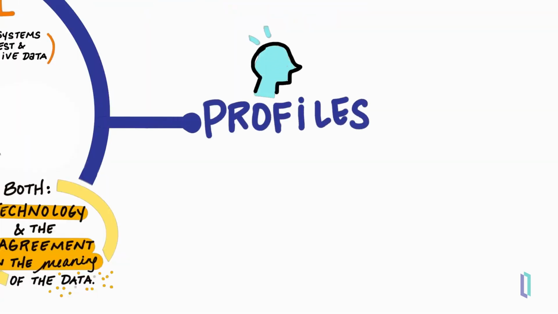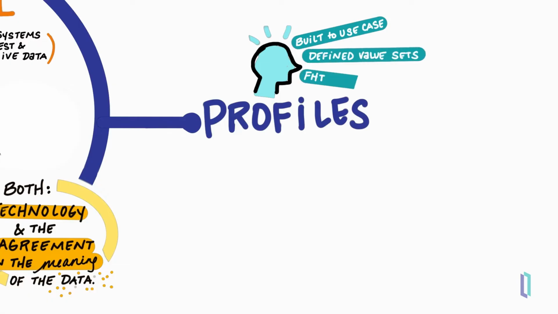The FHIR specification also includes profiles, which are implementations of clinical information models defined for specific use cases, such as a procedure. FHIR profiles exist for each resource required for the use case, and they consist of all the necessary rules and relationships, value sets, and FHIR extensions. We'll discuss FHIR extensions in more detail later.